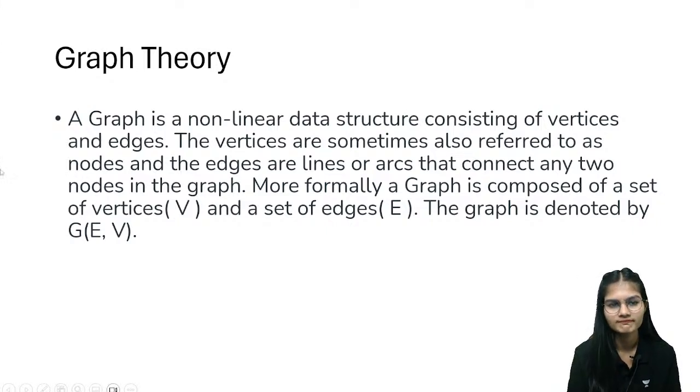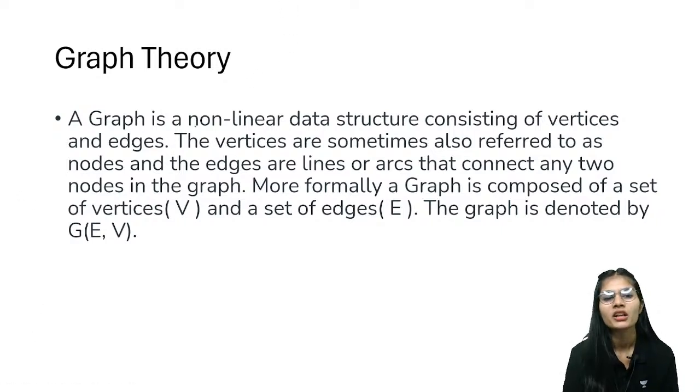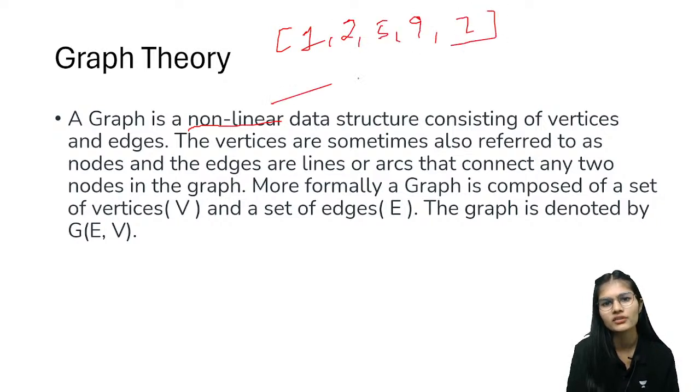Okay, let me take the pen. Perfect. So as I told you, first of all, a graph is a data structure, but a graph is a non-linear data structure. Graph is something which is not linear. Till now, what we had seen were arrays and linked lists, where we just write 1, 2, 5, 9, 7, and we say it is a data structure.